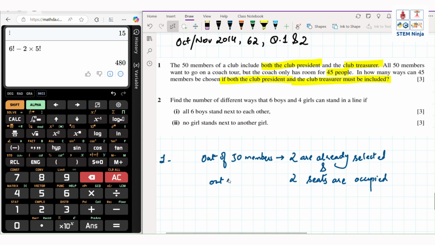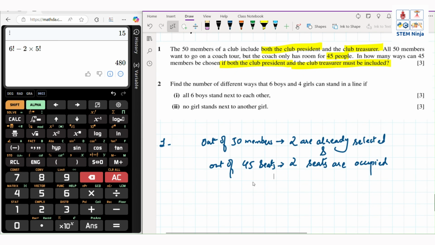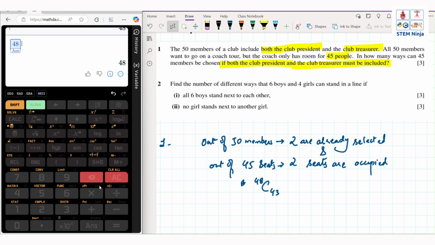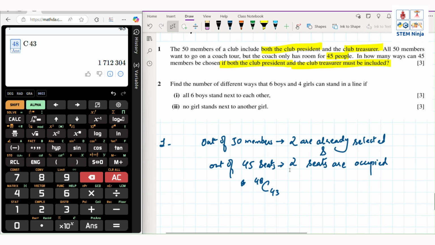So out of 45 seats, the number of ways would be simply 50 minus 2, that means 48, C, 45 minus 2, 43. So 48C43, we get this value, 1712304.